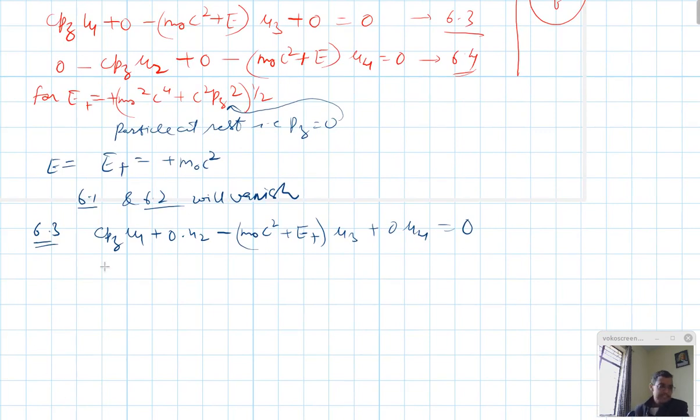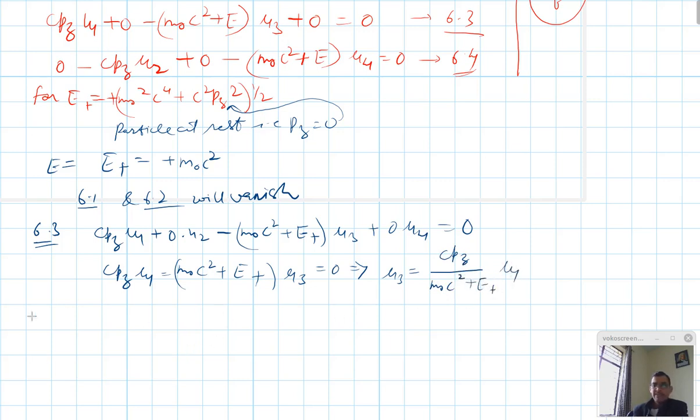That means cpz u1 is equal to (m₀c² plus E plus) u3, which implies that u3 can be written as cpz over m₀c² plus E plus.